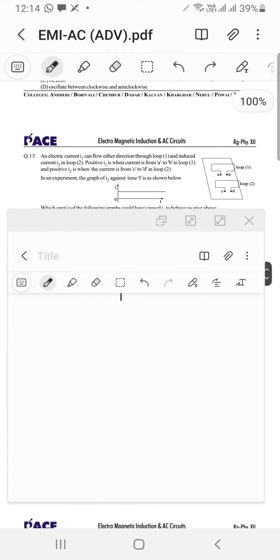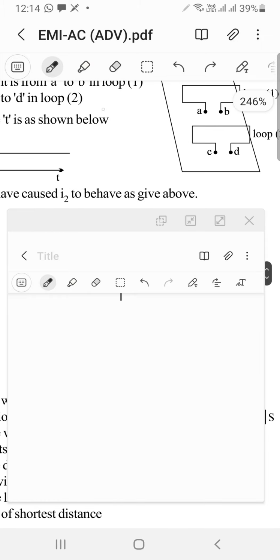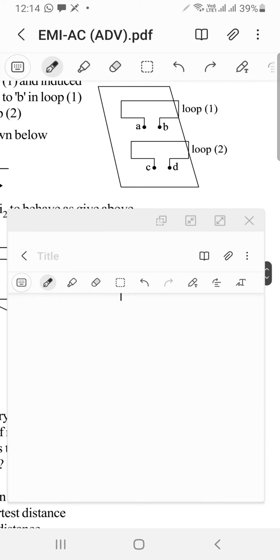If it's doing that, that must mean that it's trying to oppose something. So this thing should be increasing the field in this direction, right? When can that happen? If it's having a north pole in that direction and this north pole is just getting stronger and stronger. So that means that the current should be like this. Yeah, that's right. That's how it should be.